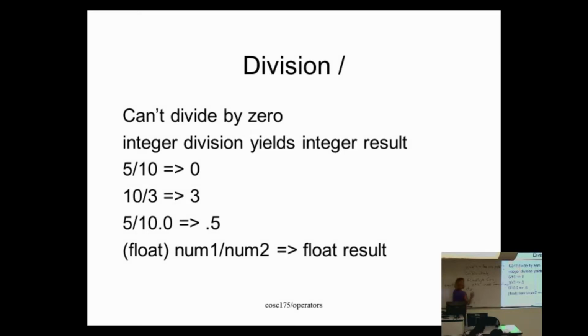Go ahead and do my calculation, which was amount owed equals total bill divided by num people. Now, we're skipping a little bit ahead, but I know you're smart, so I know you can see this.